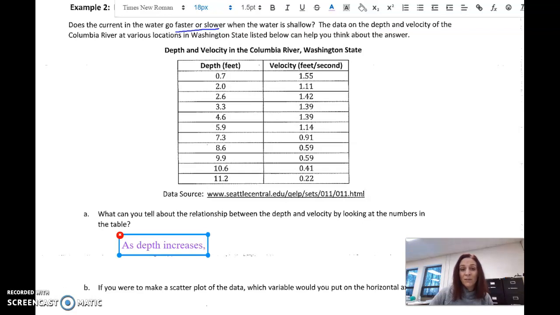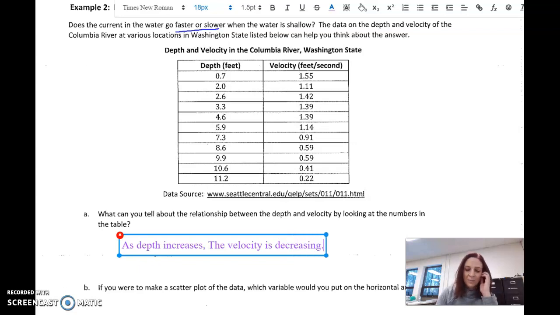At 7.3 feet, so now pretty deep, we're only moving at less than 1 foot per second. And when you get up to 11 feet, we're only moving at 22 hundredths feet per second. So we can say as depth increases, the velocity is decreasing. Make sure I have correct grammar there.